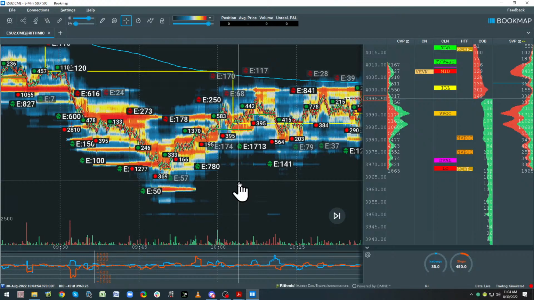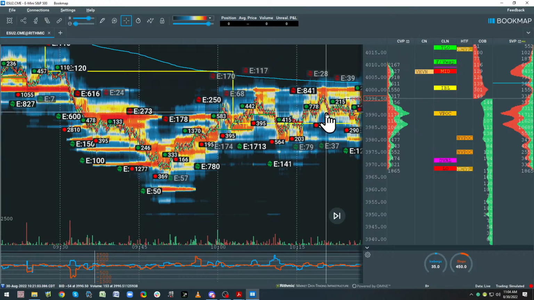Right. The stops are sitting, think about retail traders. Where do they put their stops? Above here, above the VWAP, and above the mid.